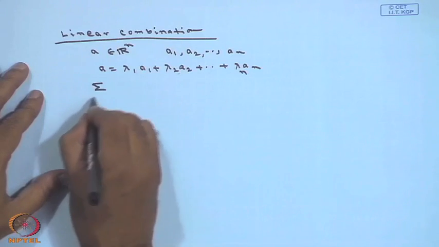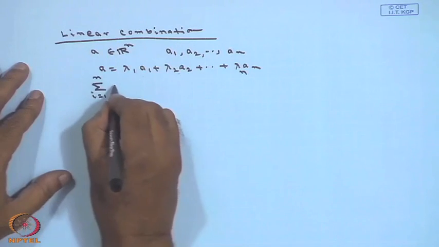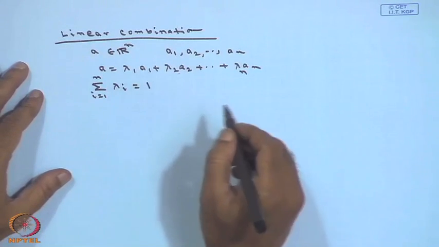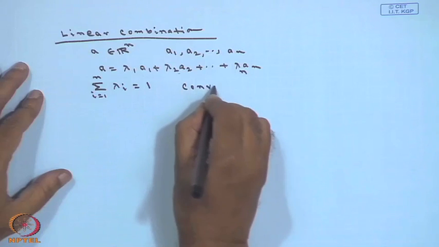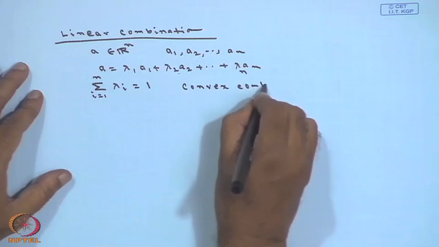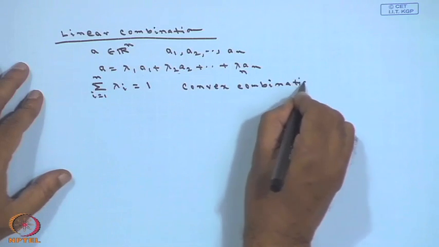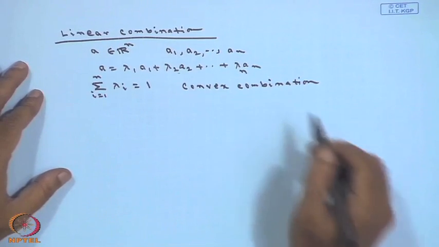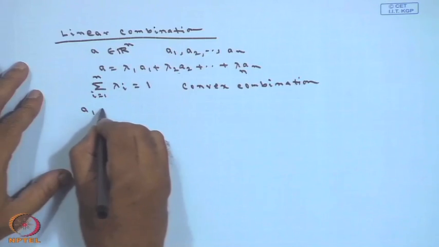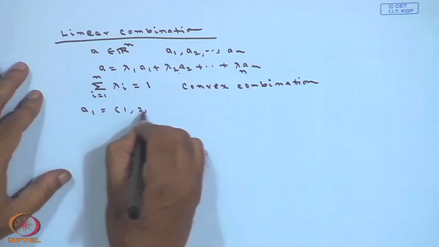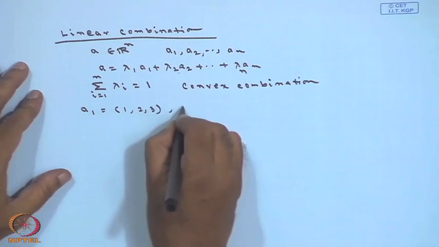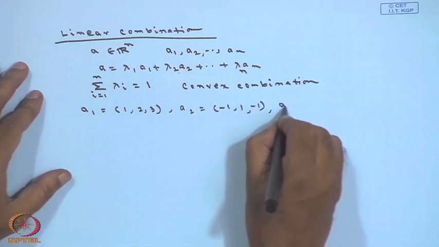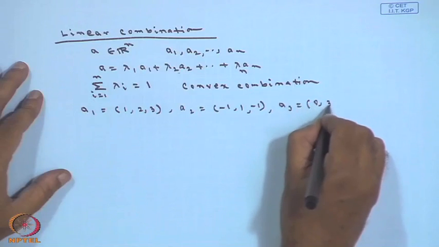In particular, if the summation of lambda i, i equals 1 to n, equals 1, then we call this combination a convex combination. For example, take the vectors a1 = (1, 2, 3), a2 = (-1, 1, -1) and a3 = (0, 3, 2).